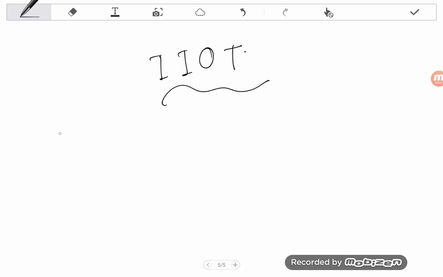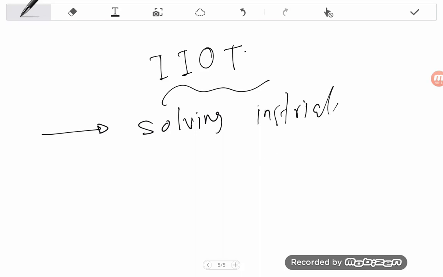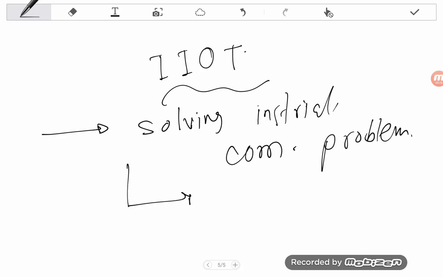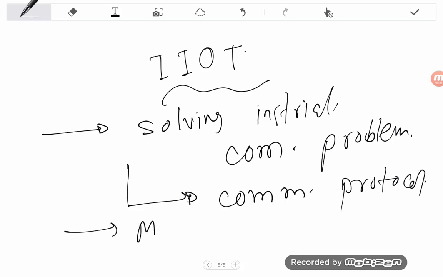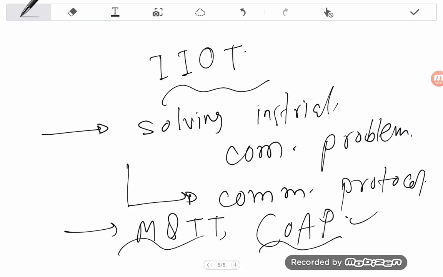IIoT is basically about solving industrial communication problems with the help of various communication protocols. Nowadays MQTT and CoAP are commonly used protocols in industry.